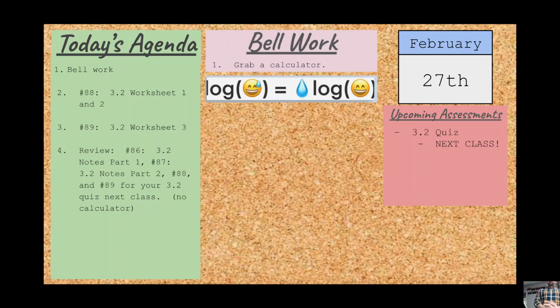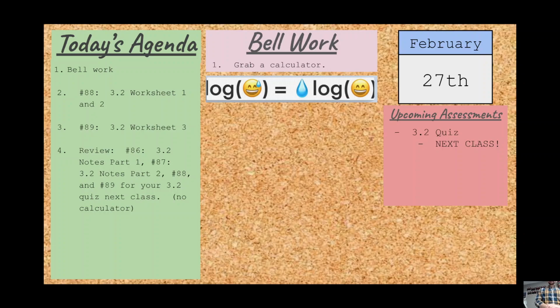Then we'll look at worksheet 3, which is number 89, which touches on a couple of the harder concepts and reinforces a little bit of it. Then I have a few things for you to look back over, because we will quiz this at the start of next class, which would be Wednesday for us.